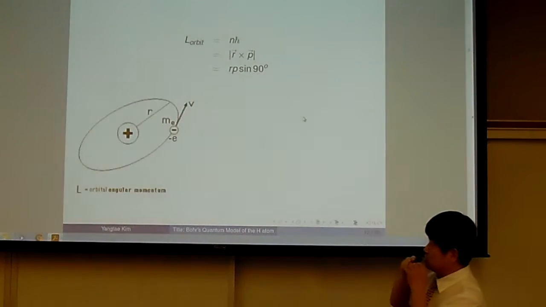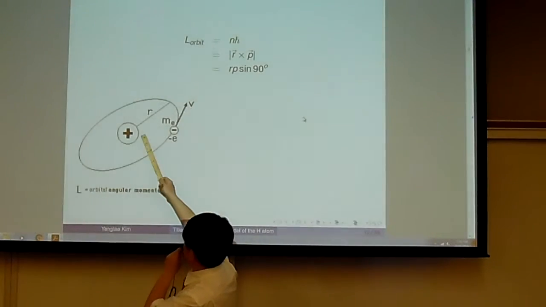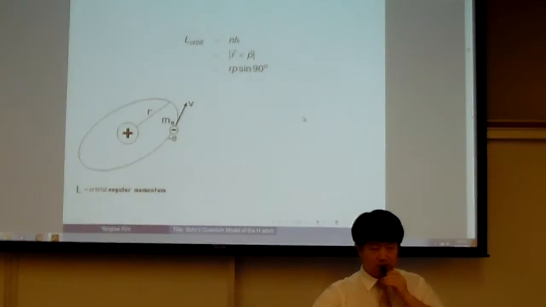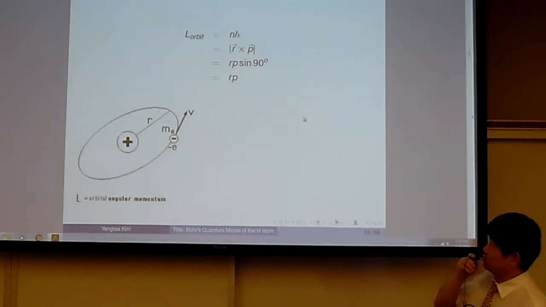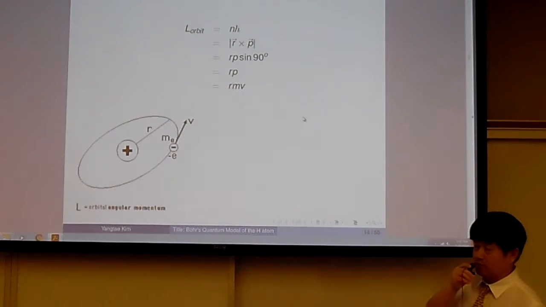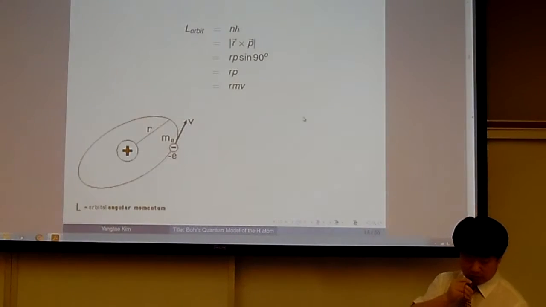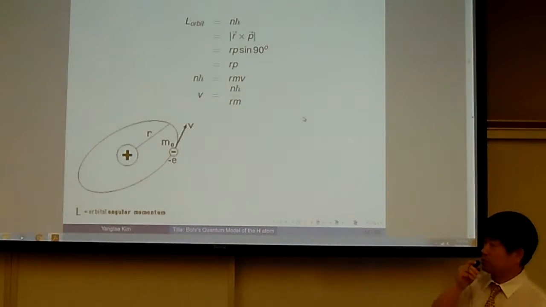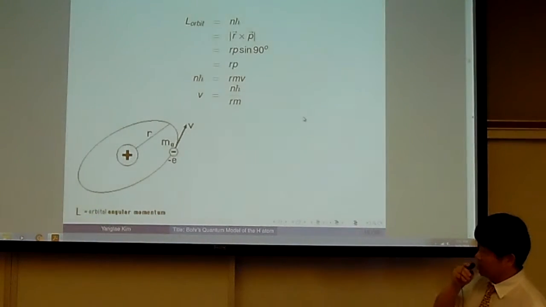In rotational motion, the velocity direction and the radial direction are at a right angle, so theta is 90 degrees, and sine 90 is nothing but 1, so L equals Rp. But momentum is mass times velocity, so it becomes Rmv. From this, we can calculate the speed of the electron in orbital motion: v is n h bar divided by Rm.